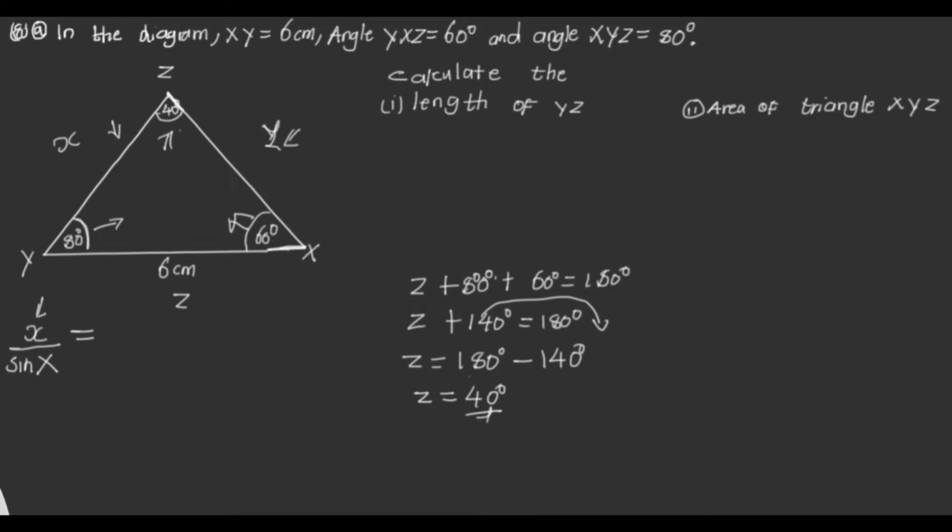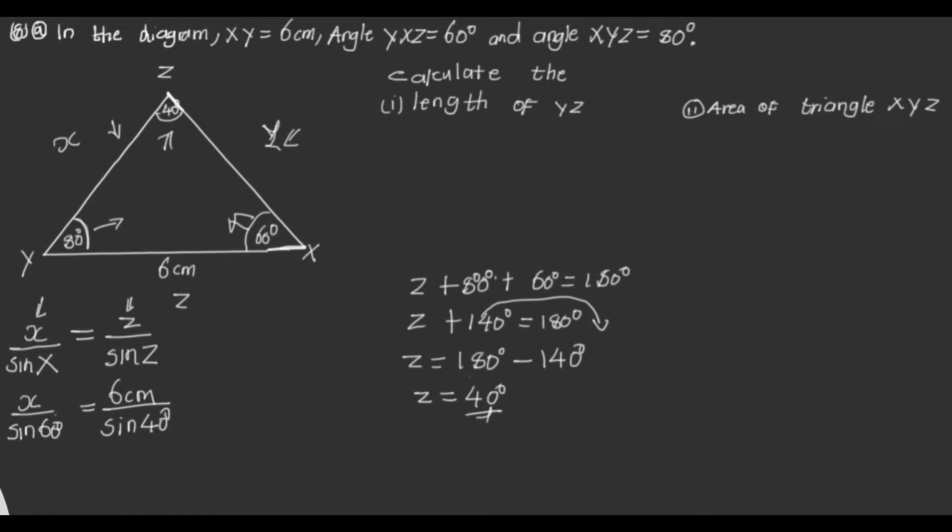Okay, so now since we have the distance z over its angle z, this is the pair that is suitable in order for us to find the distance that we are solving for. So we may proceed. We have x, the distance that we are solving, divided by sine 60, the angle opposite to distance x, is equal to the distance z, 6 centimeters, divided by its opposite angle, sine 40 degrees.